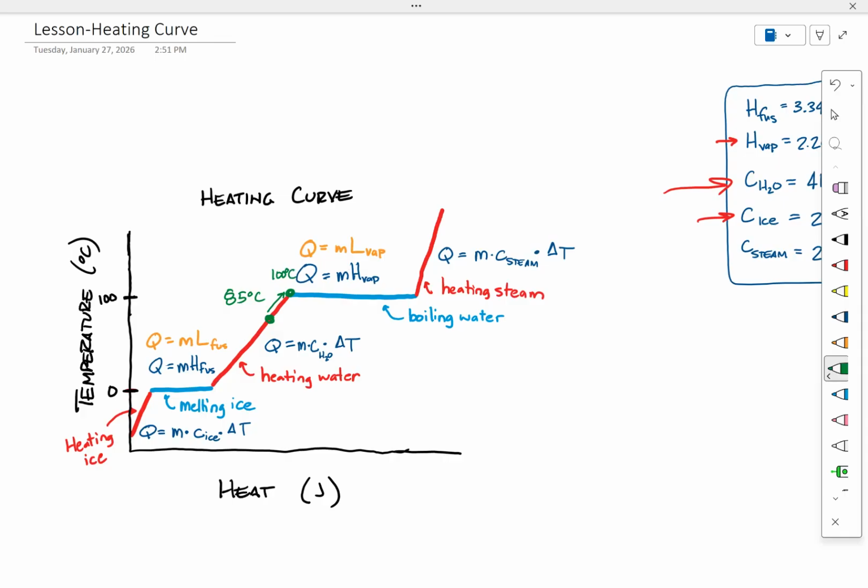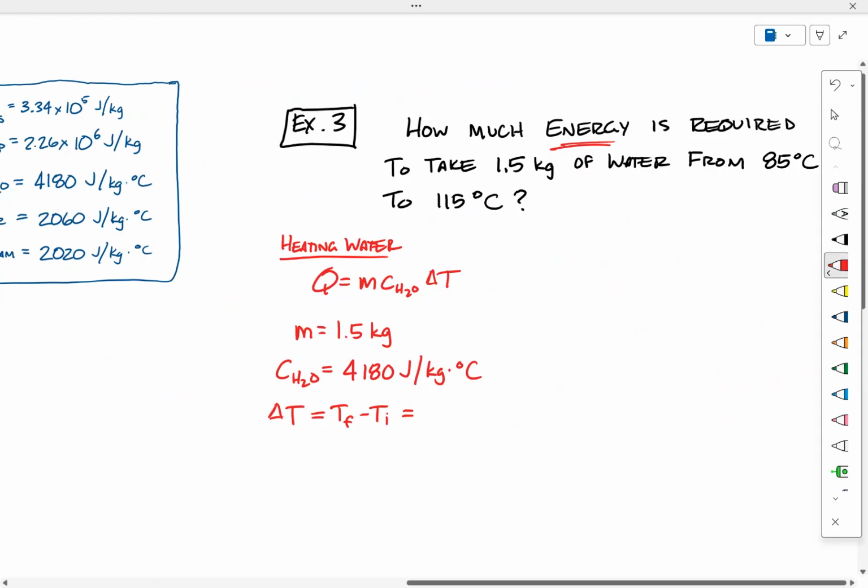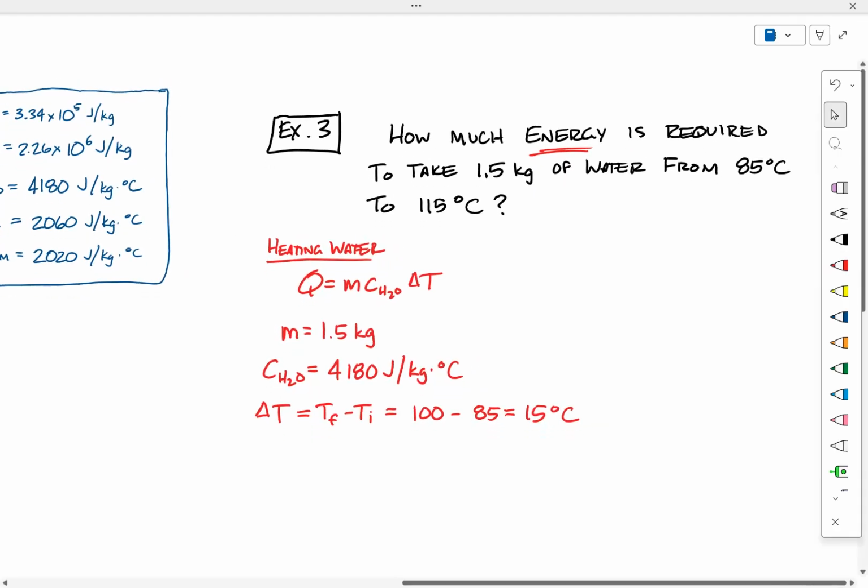So the final temperature is 100, the initial temperature 85. Okay, that's a 15-degree increase in temperature. Be careful on these problems. Sometimes it's a little confusing because you may be tempted to use that number as the final temperature, but we'll get there. We have to break this into processes. Each process has its own equation, so we're just chunking off the heating water right here.